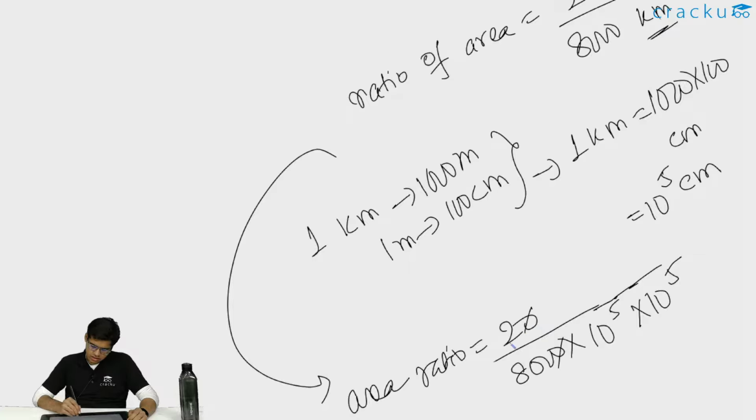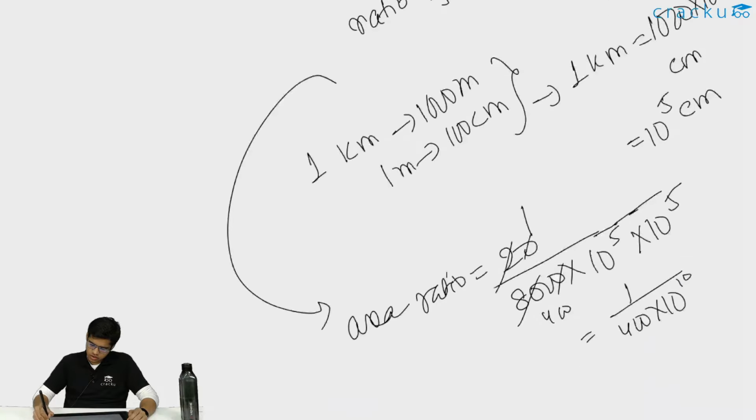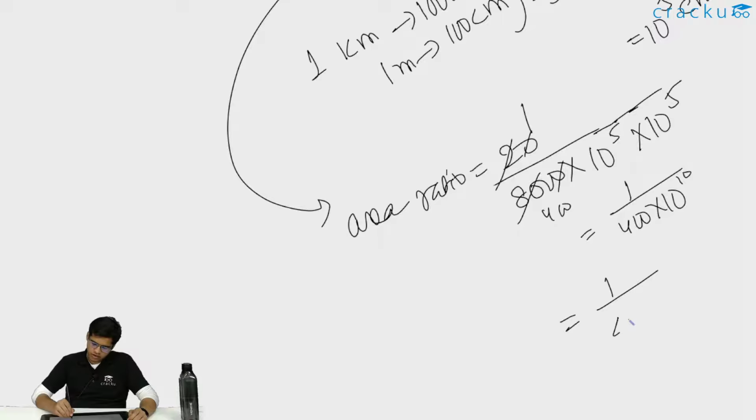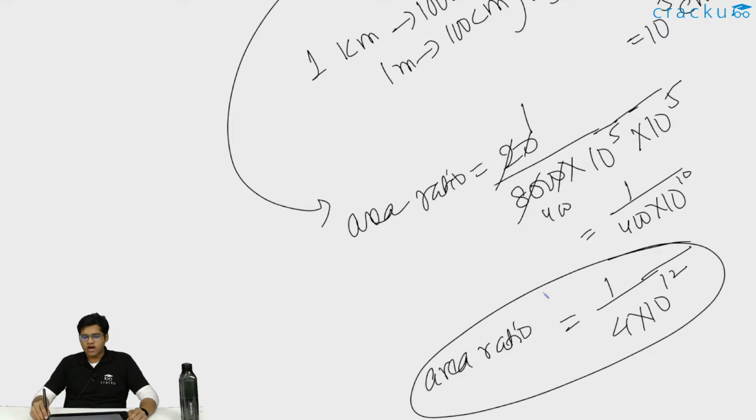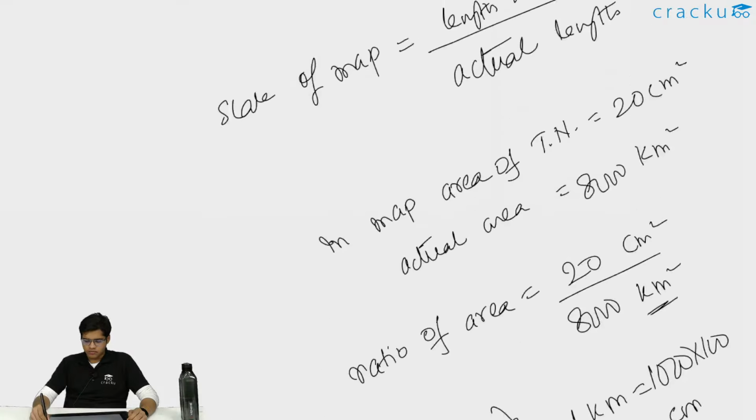This I can cancel. 1 by 400, so it is 1 by 400 into 10 to the power 10. Or I can write 1 by 4 into 10 to the power 12. This is area ratio. 1 by 4 into 10 to the power 12.